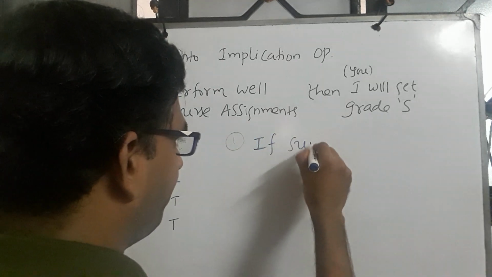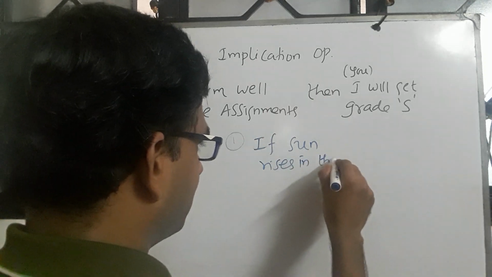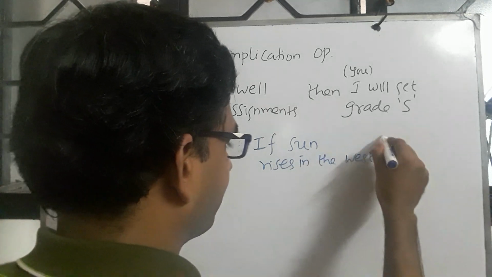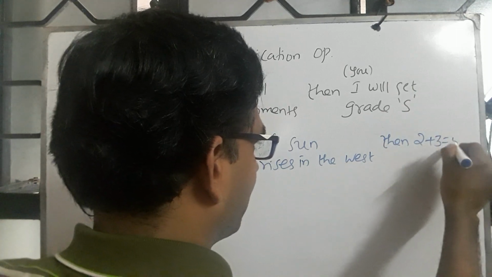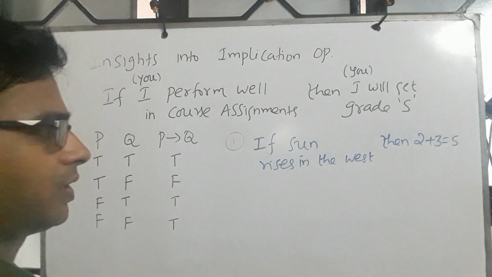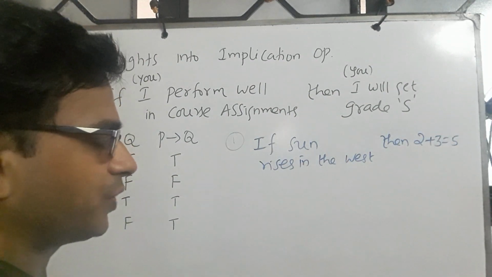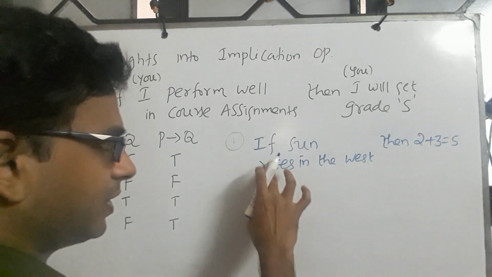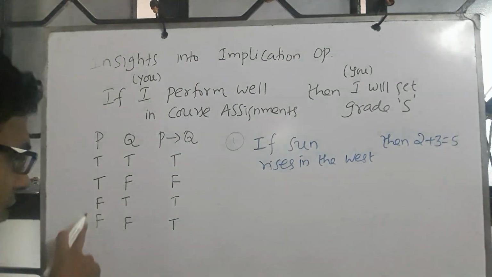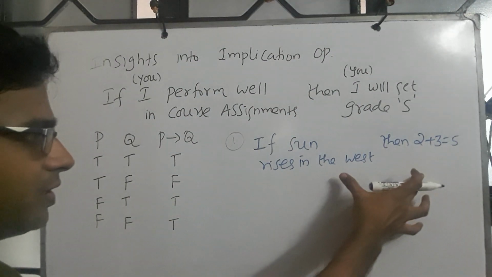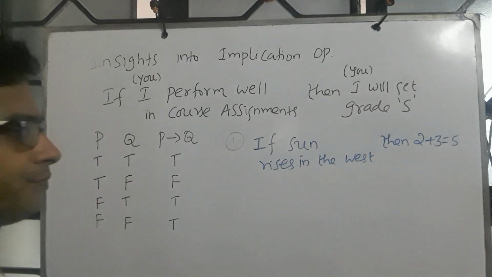If sun rises in the west, then 2 plus 3 equals 5. And these two are not related. That's one. And another thing is, premise is always false. When premise is always false, you know that the truth value of the conditional statement is always true.